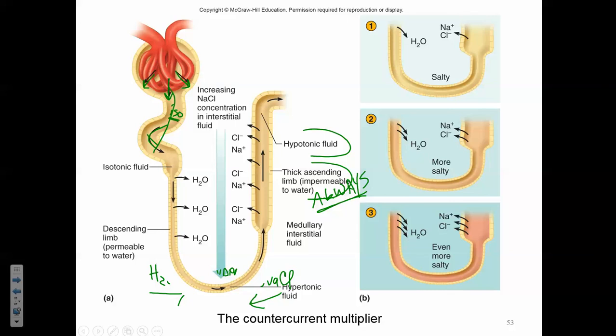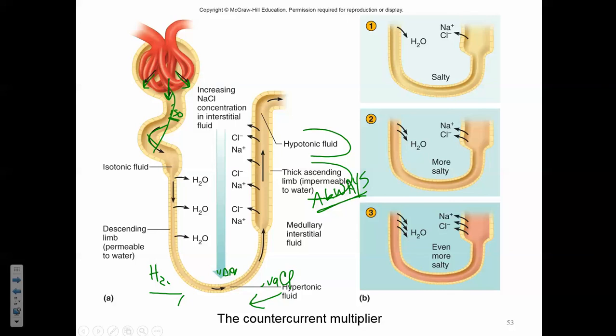And because it's saltier, it makes the filtrate even more hypotonic by the time it gets to the distal tubule. And the more hypotonic it is, the more water reabsorption can occur through ADH action.